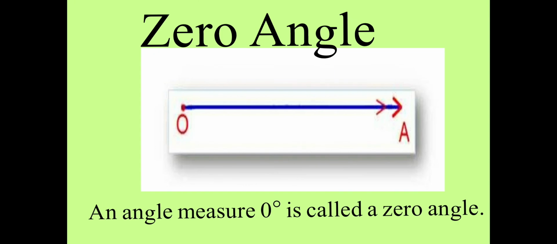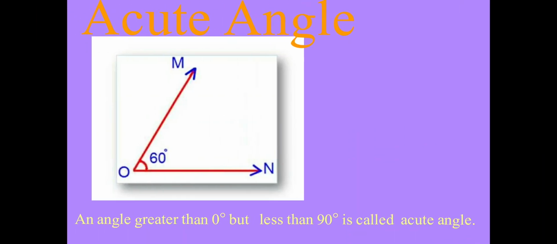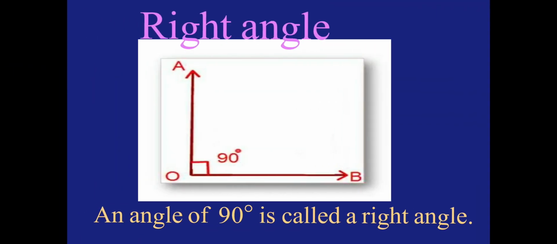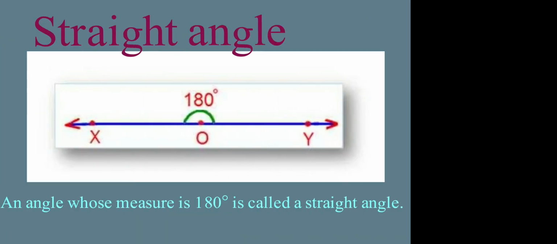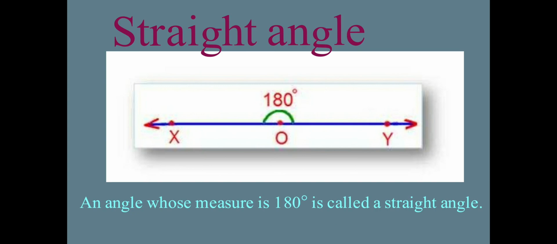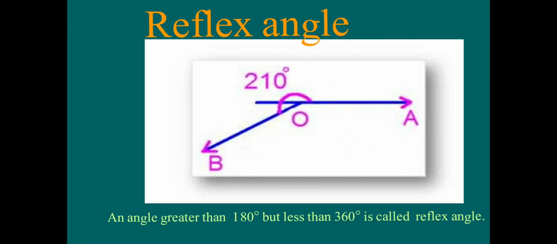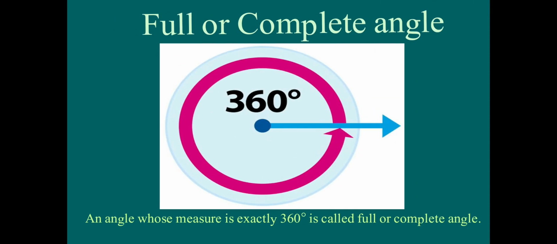Number 1, zero angle; number 2, acute angle; number 3, right angle; number 4, obtuse angle; number 5, straight angle; number 6, reflex angle; and last, number 7, full or complete angle.